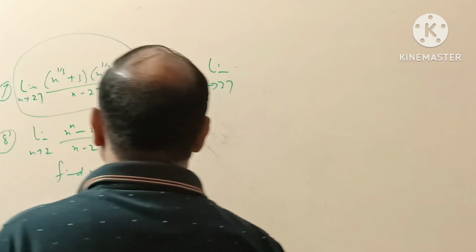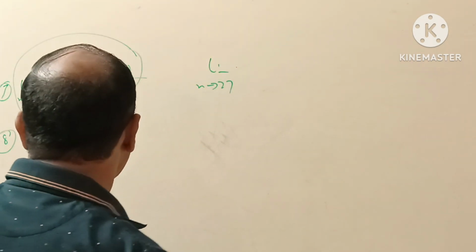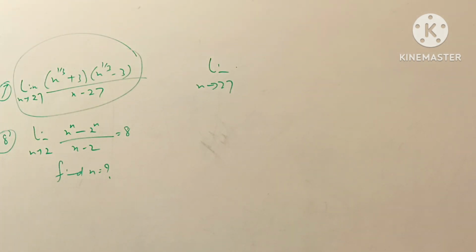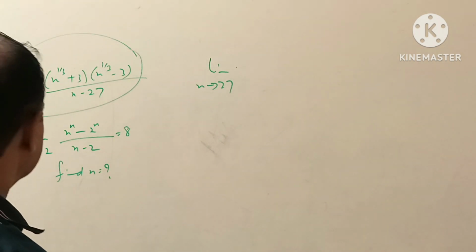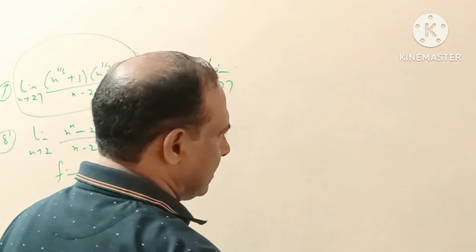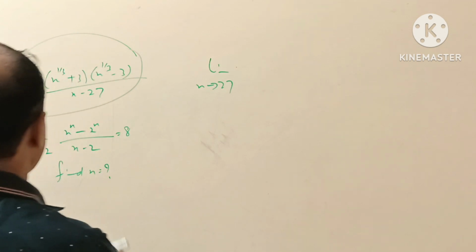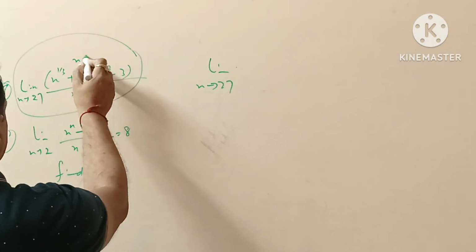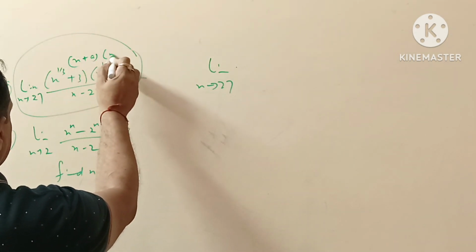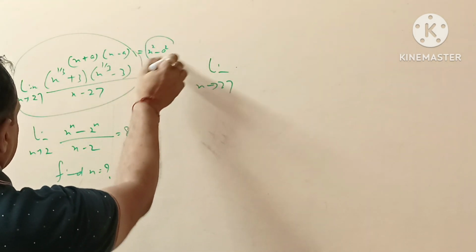Now, if I apply the formula of differentiation in the numerator part as well as the denominator part, one thing I can do here, just to avoid the lengthy calculation, is this: this is x plus a, and this is x minus a. It will give me x square minus a square.